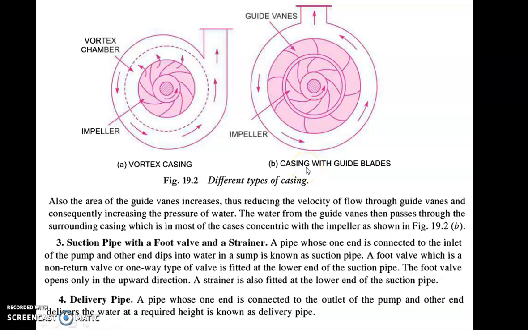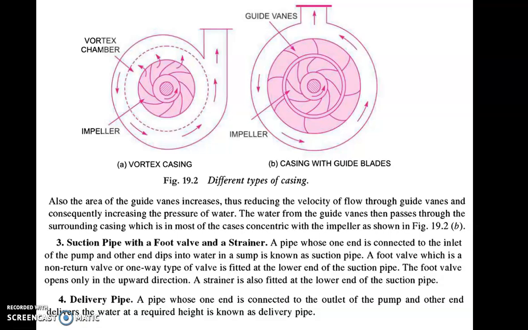Then the suction pipe with foot valve and strainer, which we have already seen. A pipe whose one end is connected to the inlet of the pump and the other end dips into the water in a sump, where the sump is nothing but the suction tank, is known as the suction pipe. A foot valve, which is a non-return valve or one-way valve, so that water will not re-enter the tank, also called a check valve, is fitted at the lower end of the suction pipe.